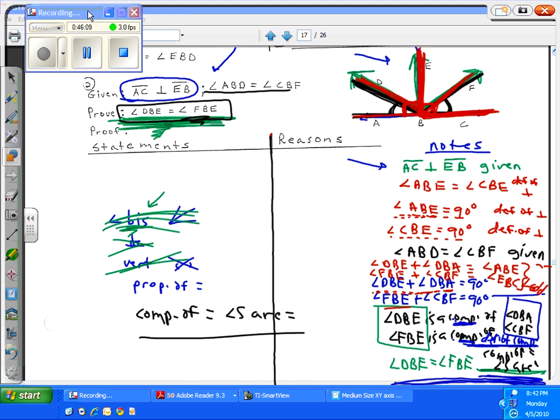And both of those have the same reason, angle addition.